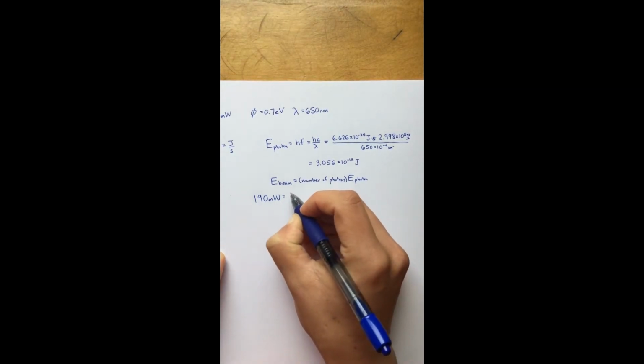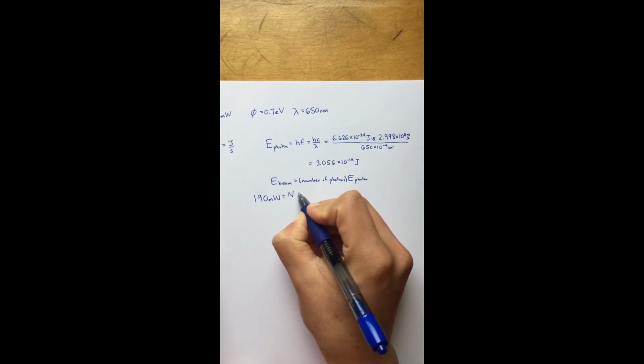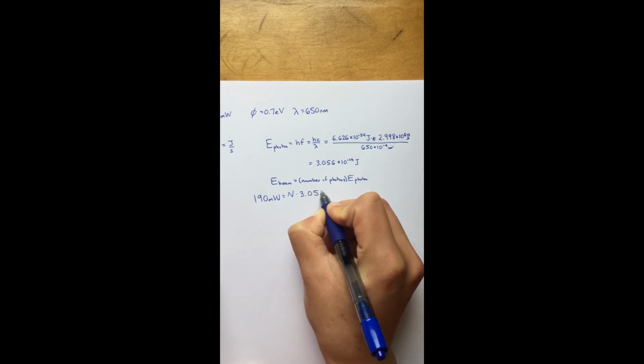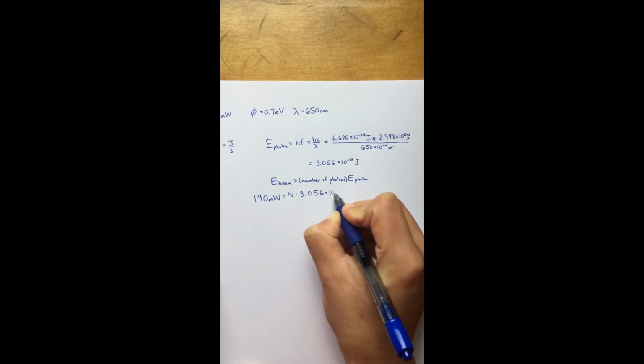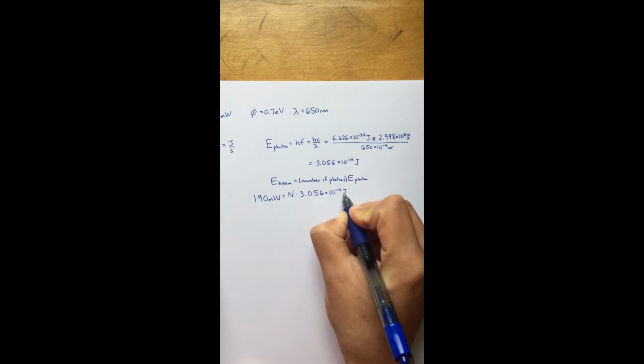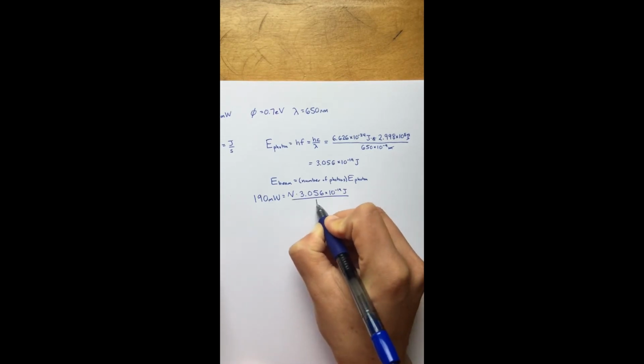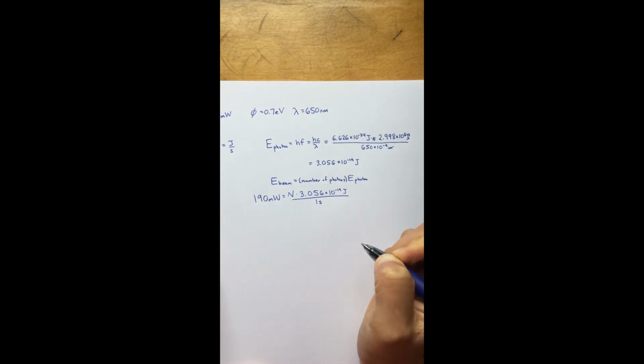The energy that you have is the number of photons, let's call that capital N, times the energy of one photon, which is 3.056 times 10 to the negative 19th joules per 1 second.